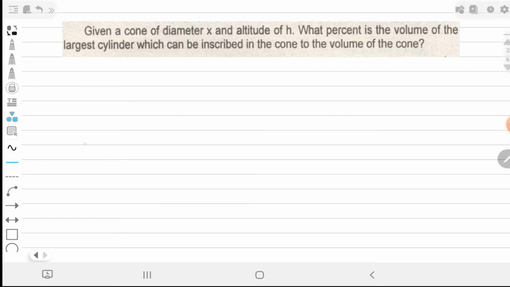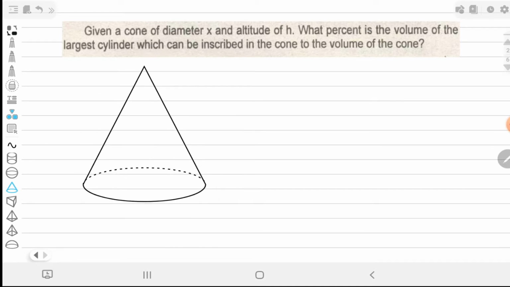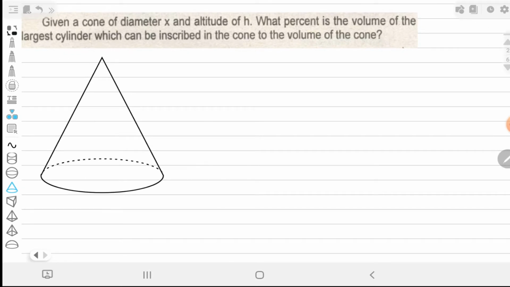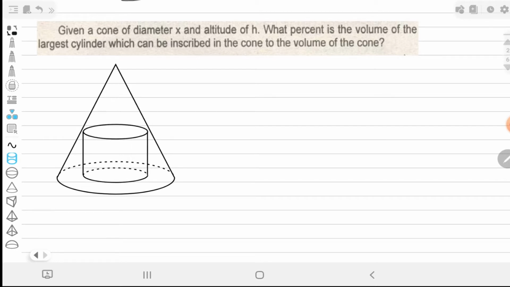So from here, we have a cone. We need to inscribe a cylinder, meaning we put it inside the cone. So what is the largest?